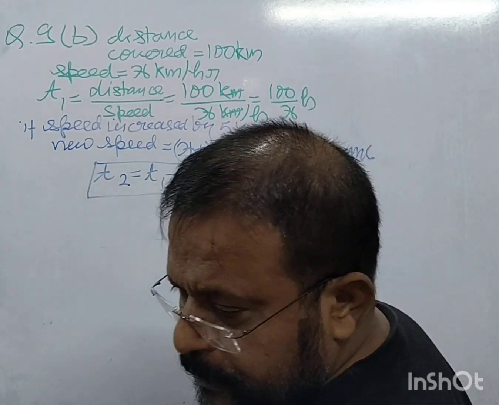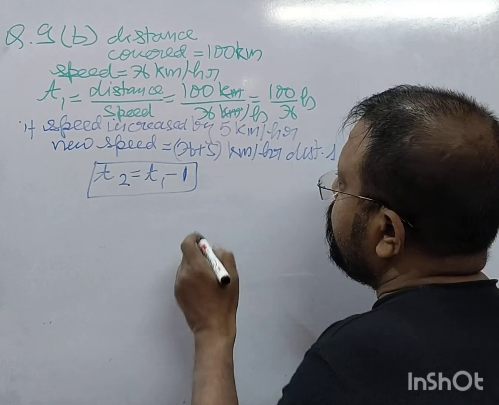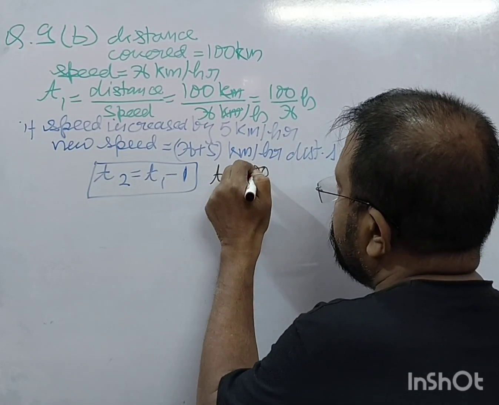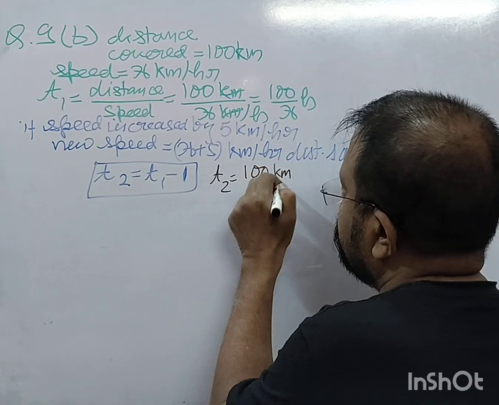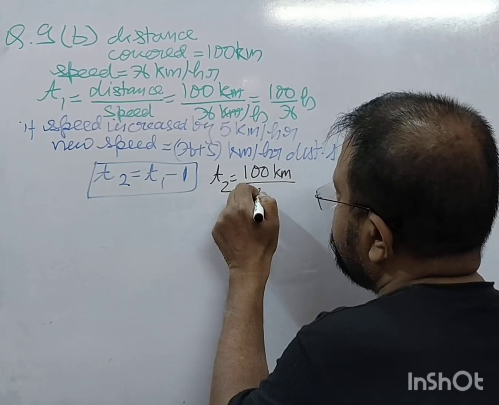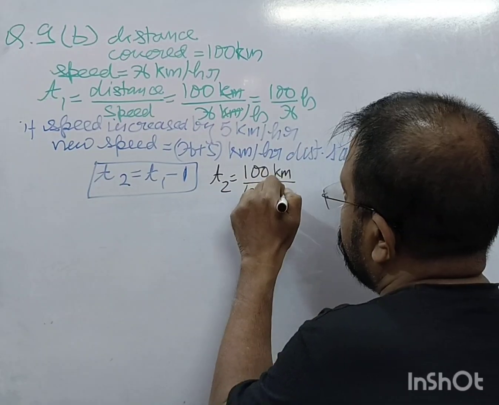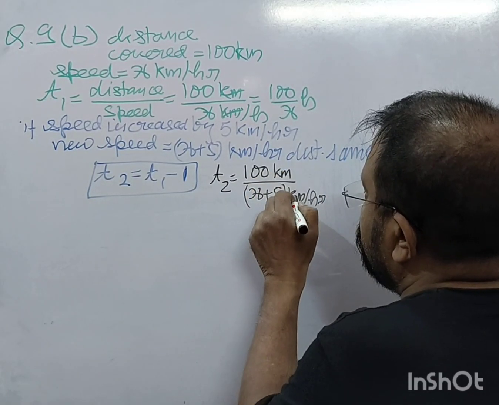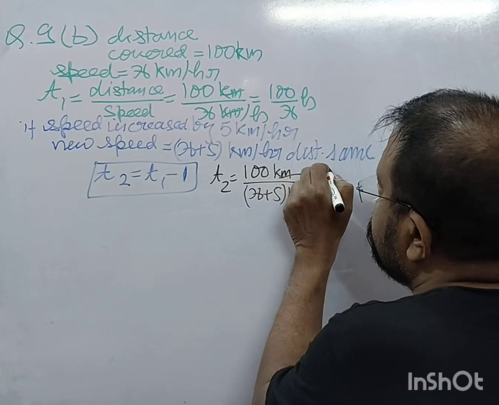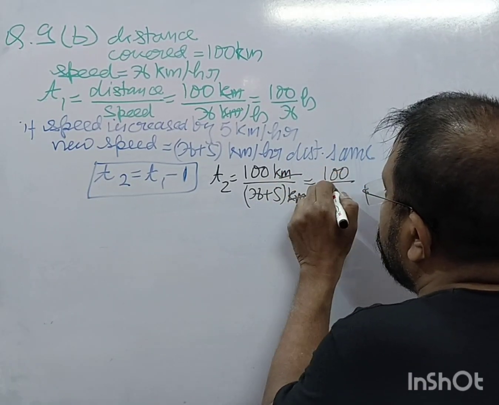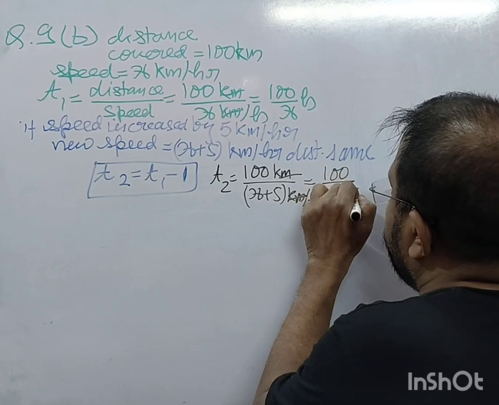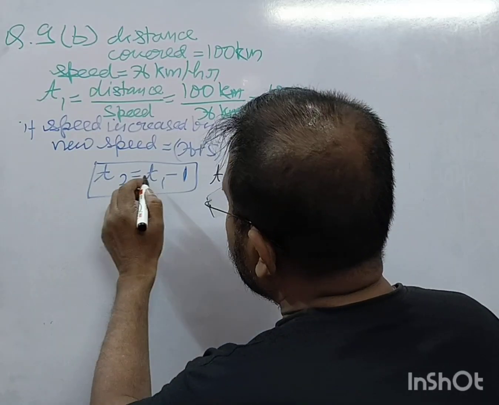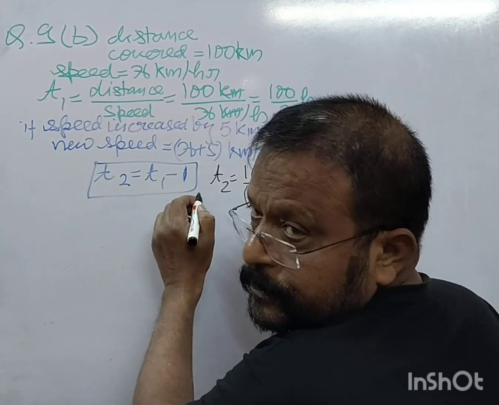Now T2 is equal to 100 kilometer upon x plus 5 kilometers per hour. So kilometer is gone, it becomes 100 upon x plus 5 hours. Now T2 is equal to T1 minus 1.